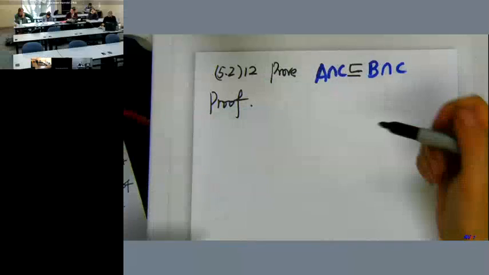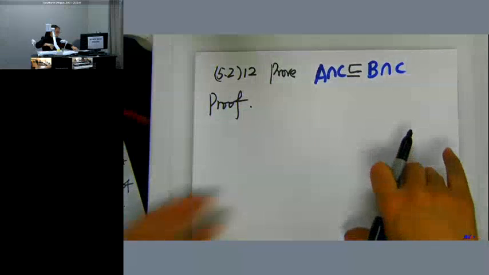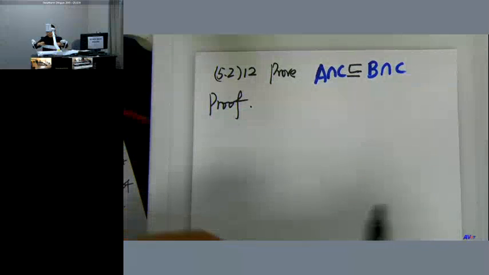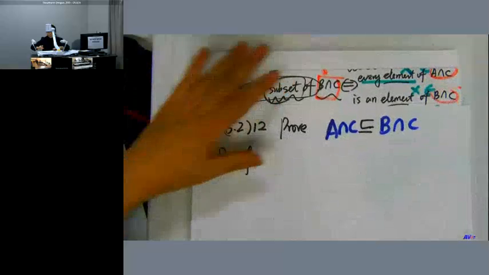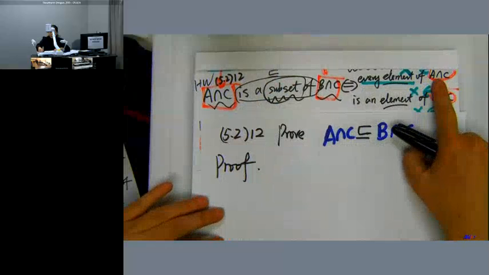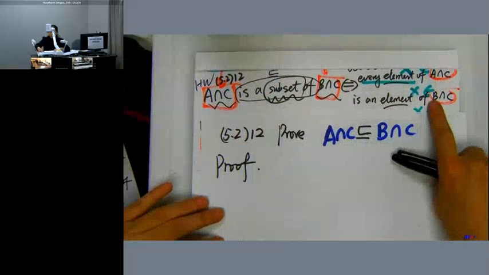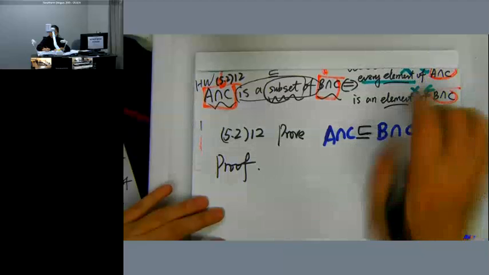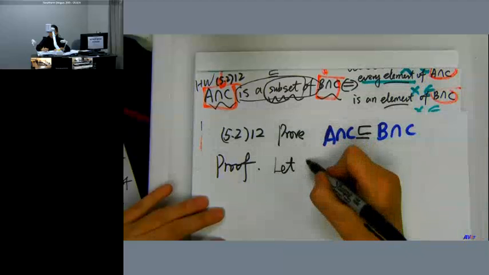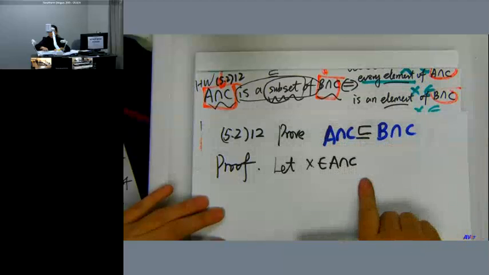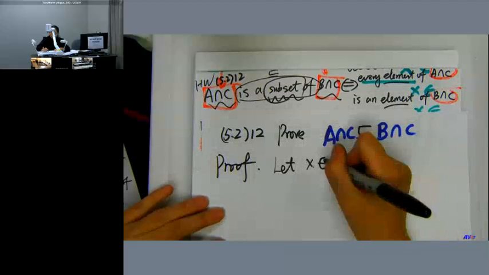Because our final goal is to show, let's look at the sentence I wrote down last time. This is what I want to show: every element X in A and C is also an element in B and C. So you're going to start with this X from A and C. The first thing you write down is always this: let X be an element of A and C. You can use sentences if you don't like the symbols.